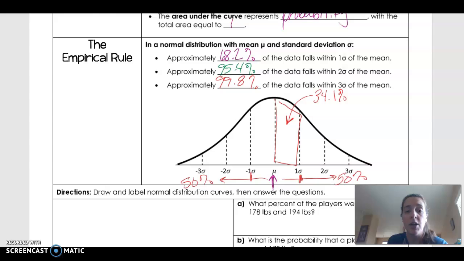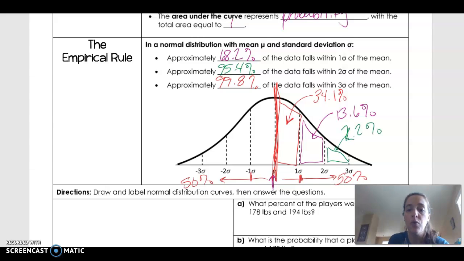Same thing down here. Since this is symmetrical around the mean, whatever I write on this right side can also be said for the left side. Based on what we know about these data values, I also know that 13.6% of my data will fall in this little category right here. Over here, 2.2% of my data falls right in here.